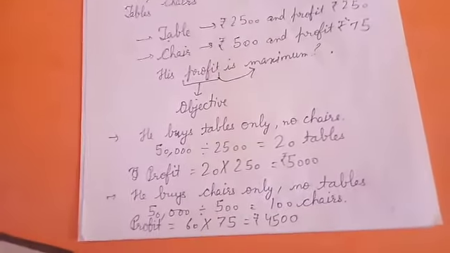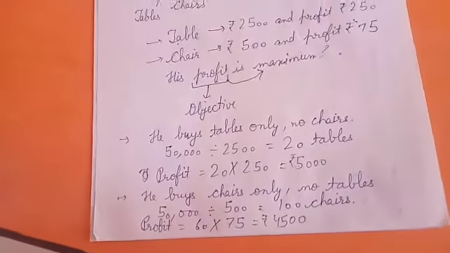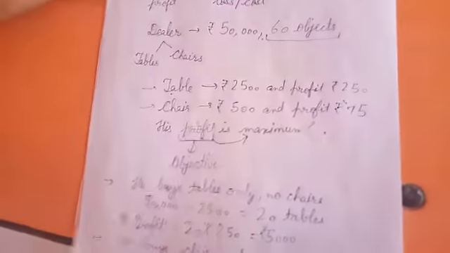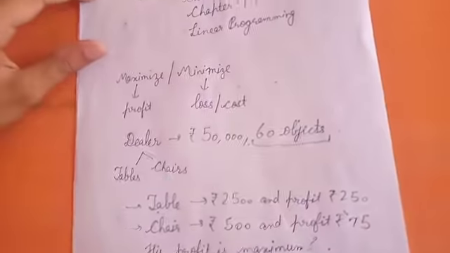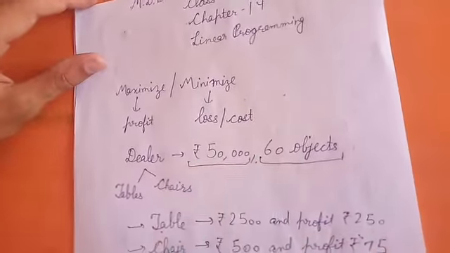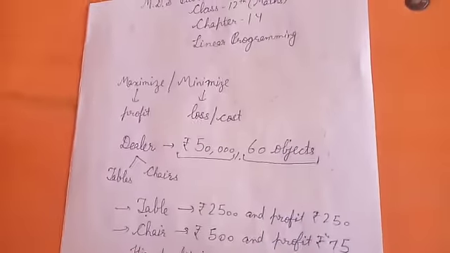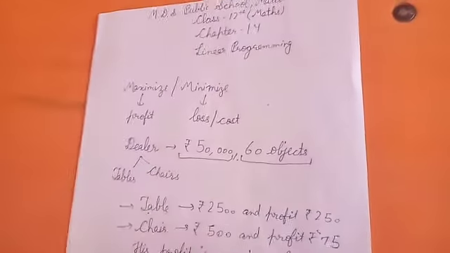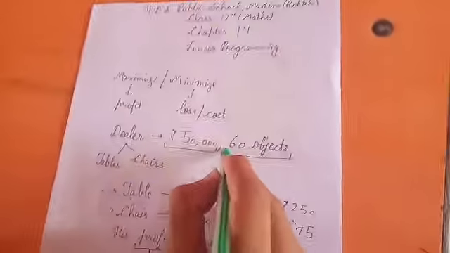Okay, in that case what we are going to do is that the maximum amount of this is used, or we can say all the amount, and only the required number of objects are bought, so that our profit is maximum.